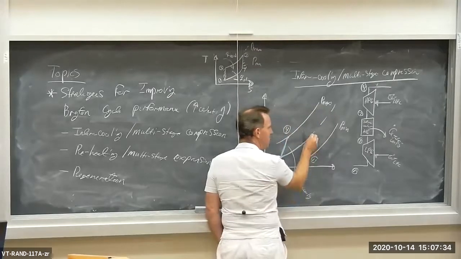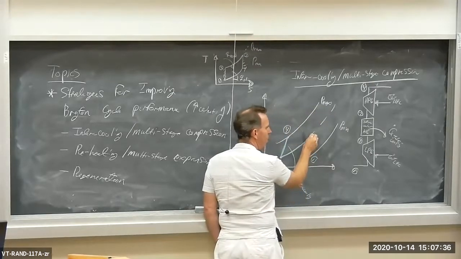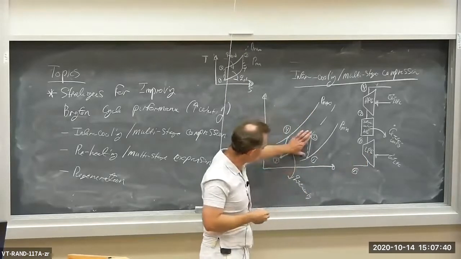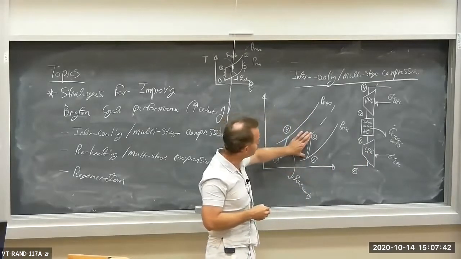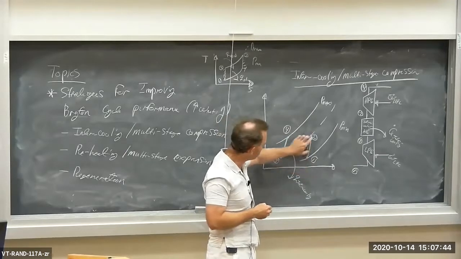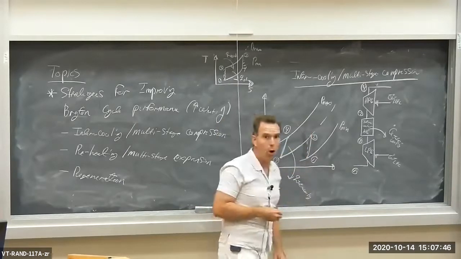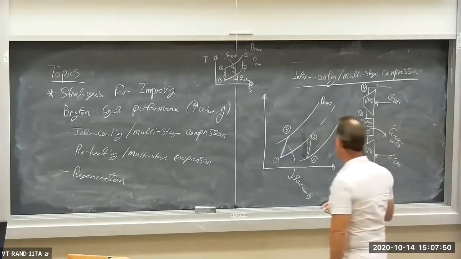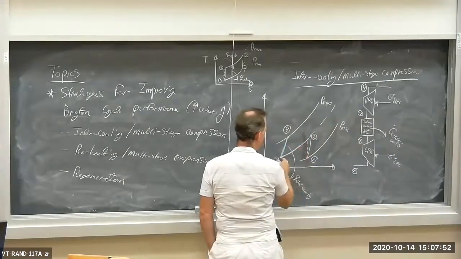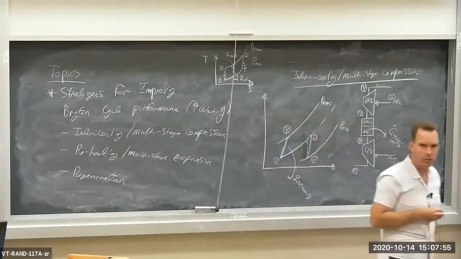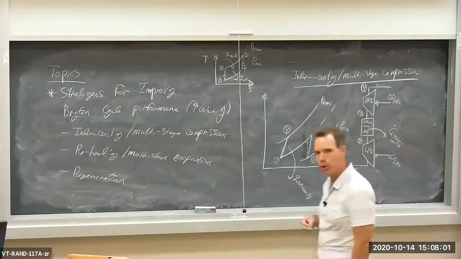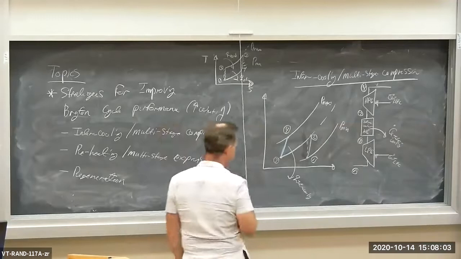The compression process from P1 to P2 is the low pressure compression process. Once we get to P2, the intermediate pressure, we're now going to cool the gas down. We're going to extract heat from it by passing it through some sort of heat exchanger. This heat exchanger is called an intercooler.